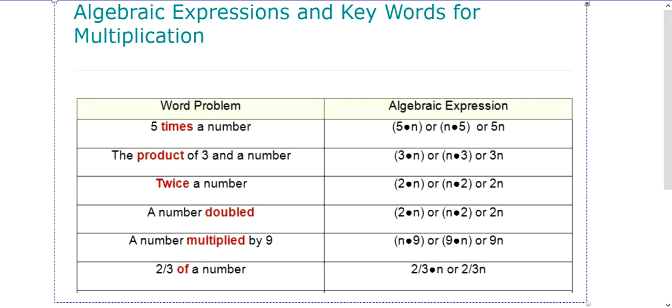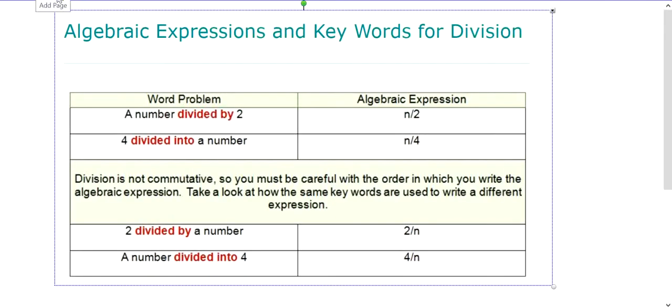Okay, next, algebraic expression and keywords for division. These are division. So this is like the subtraction. You've got to pay close attention to what comes first. A number divided by 2 means that number part is the variable. It's the variable divided by 2. n divided by 2. 4 divided into a number is like 4 going into your variable.